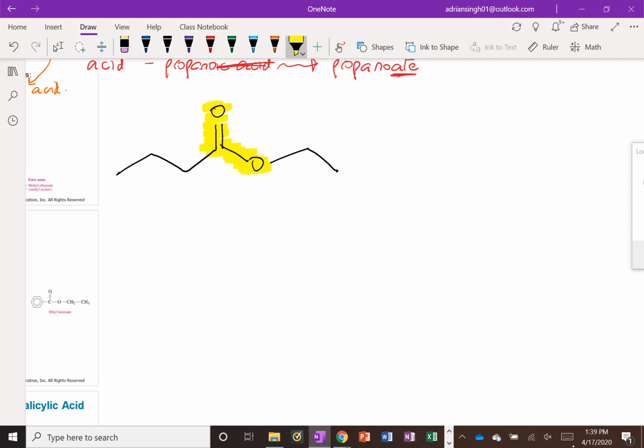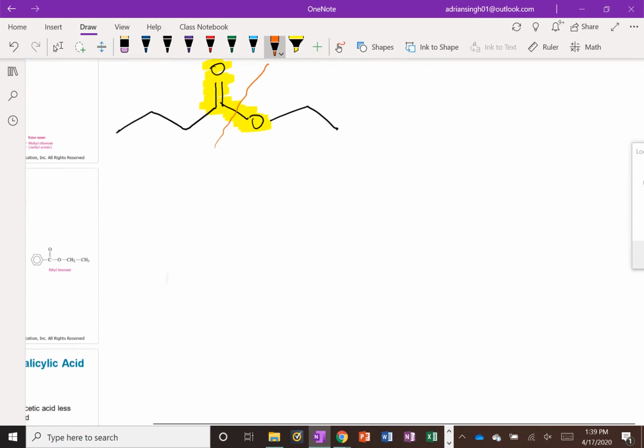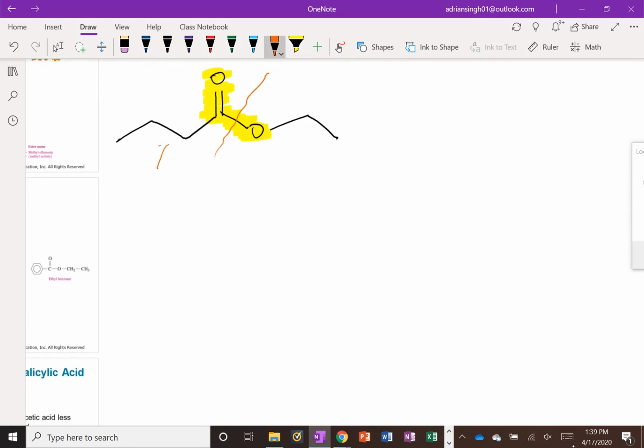What I like to do is to just draw a line right down the middle of the ester bond, and then that tells me which part of the molecule came from the acid and which came from the alcohol. Wherever you see that C double bond O, that tells you that that's the acid part of it, and then that means the other part has to be from the alcohol.